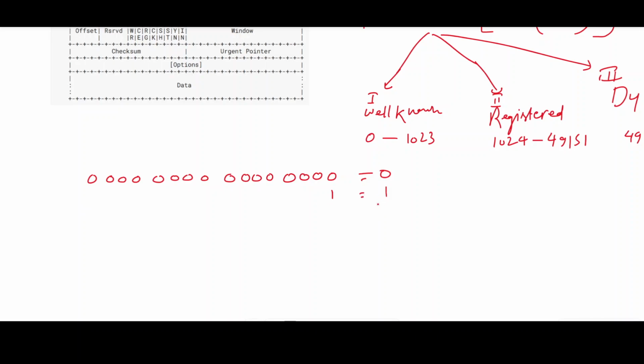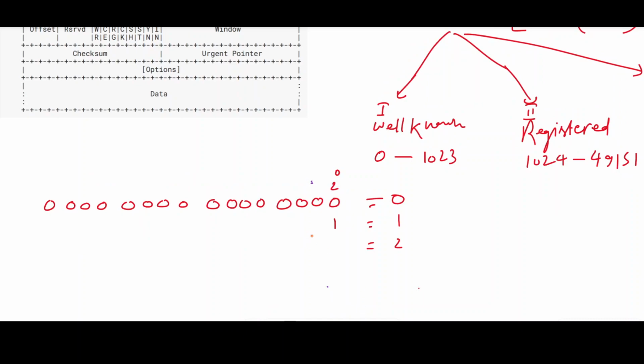And if we want 2, how can we get it? This is 2 power 0, this is 2 power 1, then 2 power 2, 2 power 3, and so on.